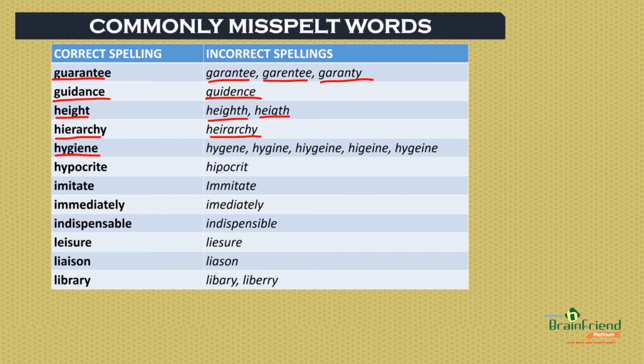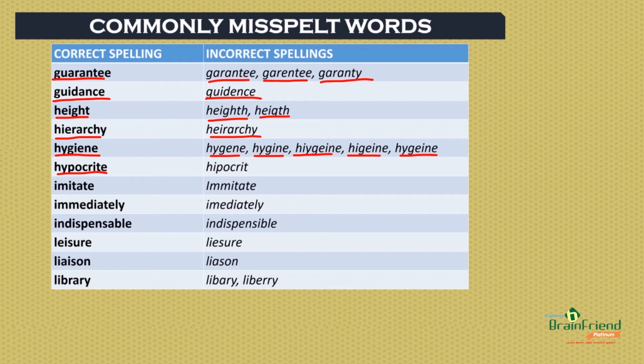Hygiene is spelled H-Y-G-I-E-N-E, but wrongly spelled as H-Y-G-E-N-E or H-Y-G-I-N-E or H-I-Y-G-E-I-N-E or H-I-G-E-I-N-E or H-Y-G-E-I-N-E.